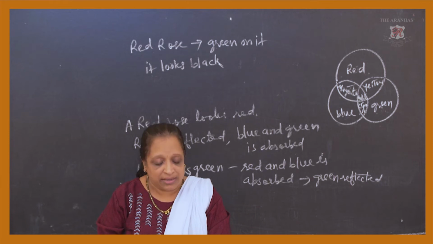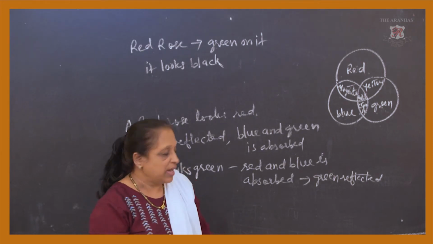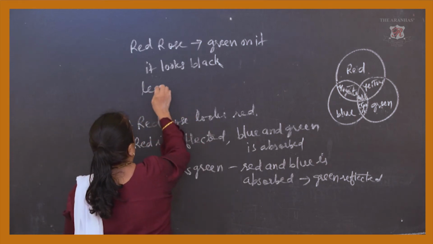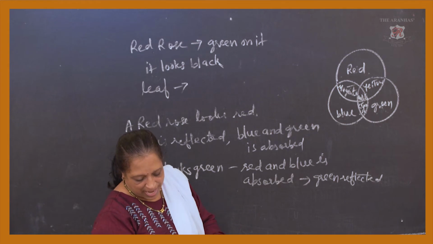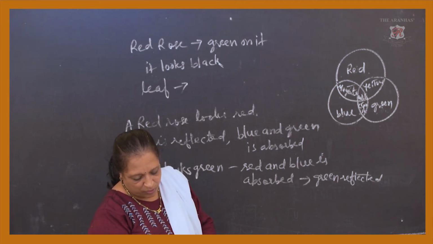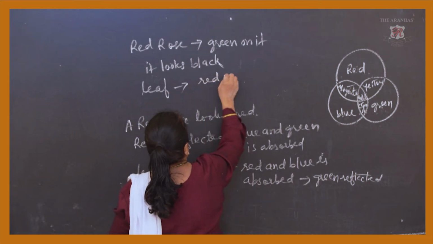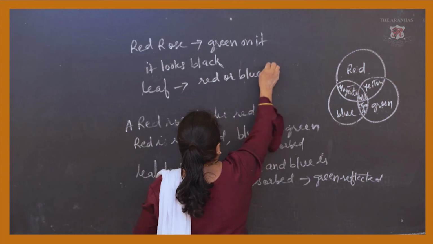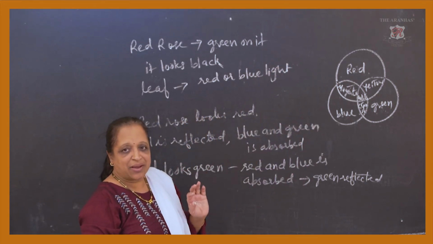Similarly, a leaf would appear black in red or blue light. Again, come back to the same diagram we have drawn.